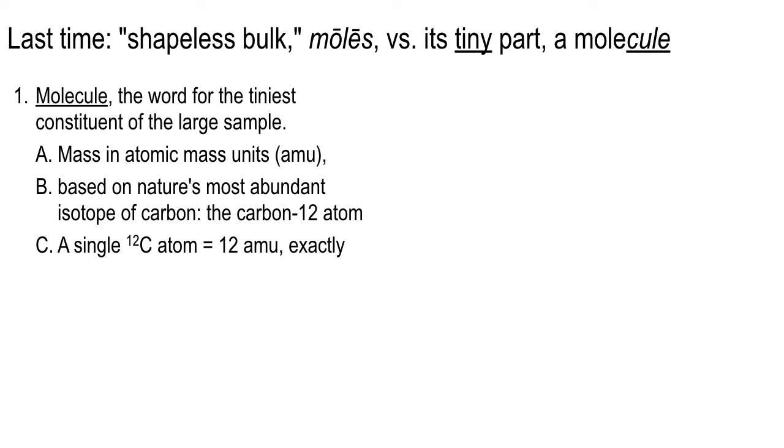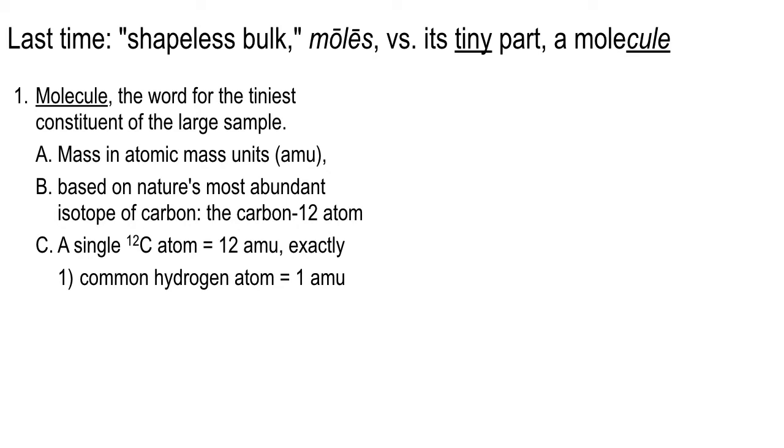And that notation there, capital C with a 12 as a superscript in front of the letter C, that's another way of writing the word carbon-12. Okay, so 12 atomic mass units, and that's a little different way of defining mass, but it's good for atoms and molecules.